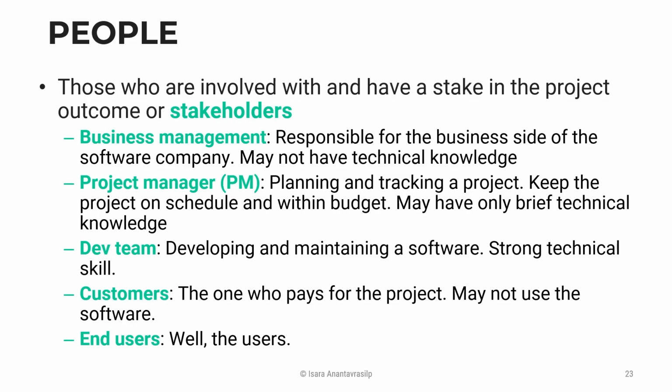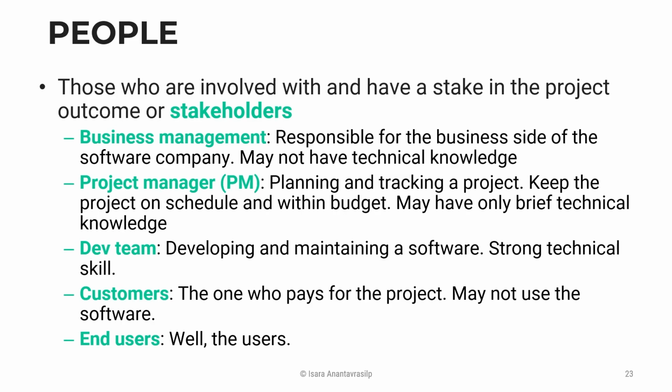They may or may not have the technical knowledge, but they do know about the business. They can set aside the budget. They're going to look at whether the project is going well financially, how we would develop the business model out of the project, and how much money we could make over time, and so on.